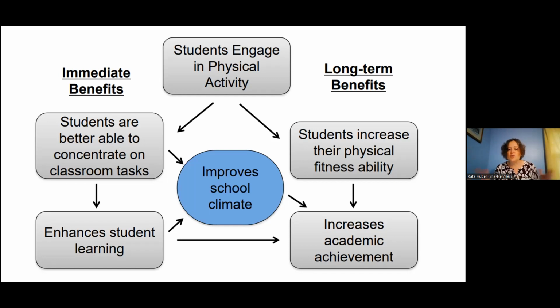And when students are doing well in school, that really improves school climate, because we know that students that struggle in school also have some behavior issues when that frustration, that anxiety starts to get the best of them. So if we can get everyone functioning at their potential, then there's less frustration, less behavior issues in the classroom as well.